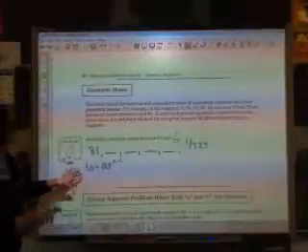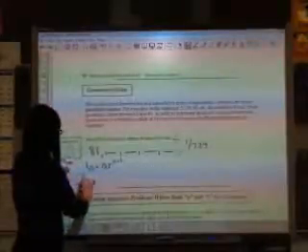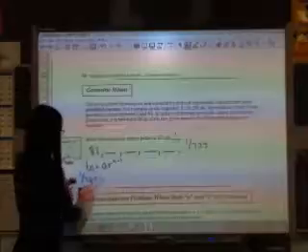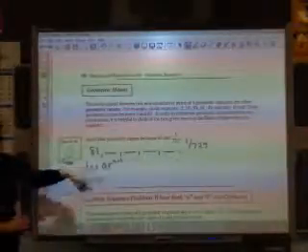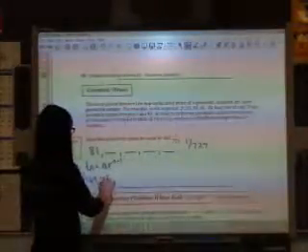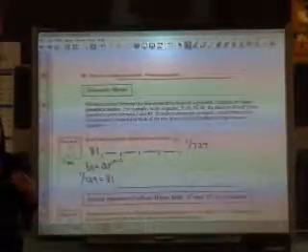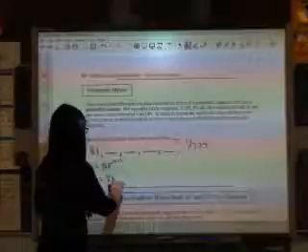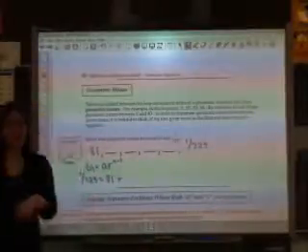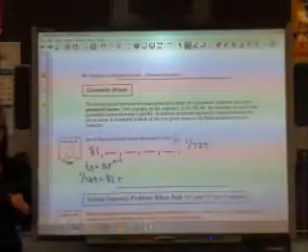T of n is my last term. That's my 1 over 729. A equals 81. And r is my unknown. That's what I'm trying to figure out, my common ratio. Can I figure out what n is?